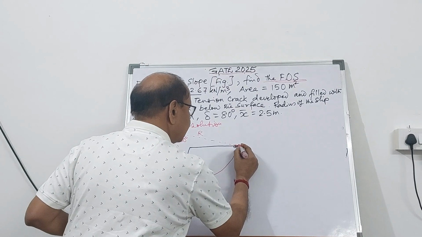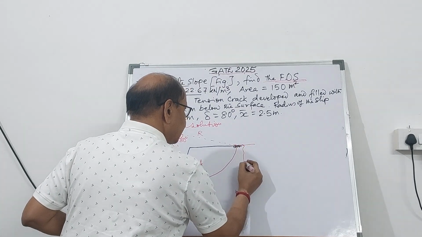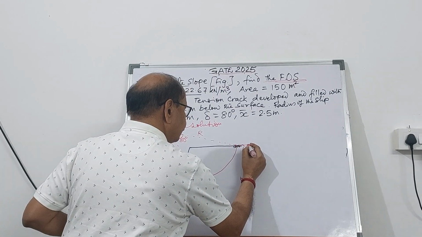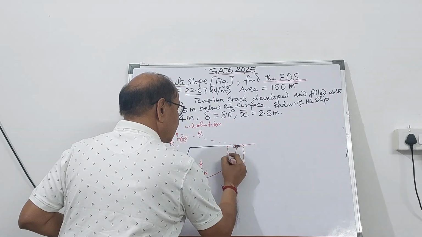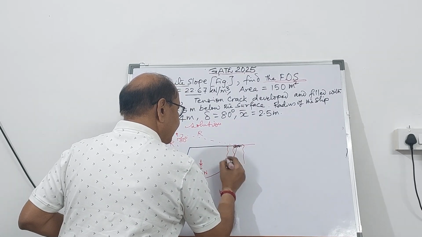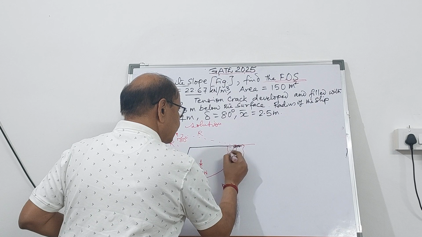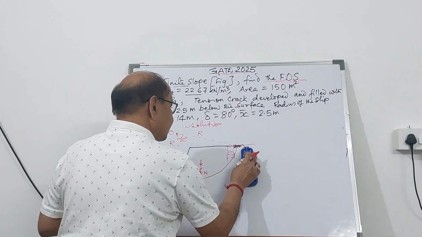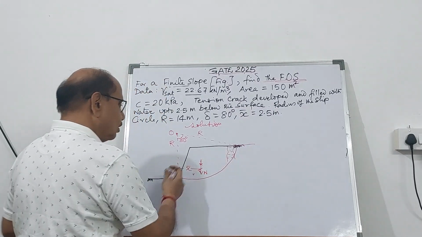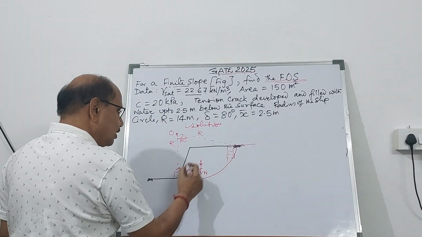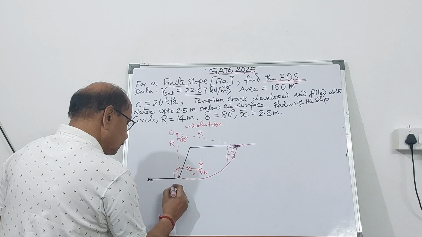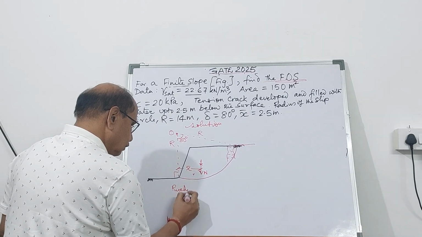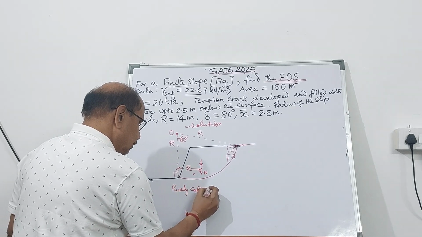And here up to 2.5 meter, it is filled with water. There is a tension crack because it is purely cohesive soil.